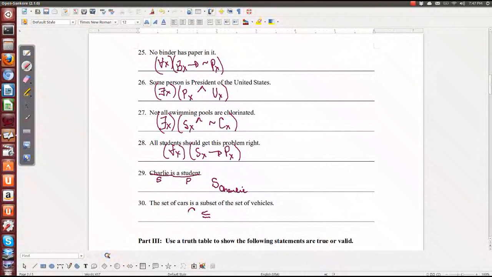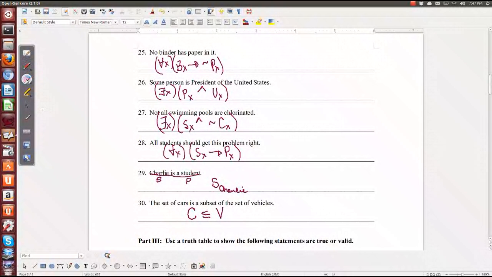The set of cars, I'm going to let a capital letter C represent the set of cars, and I'll let a capital letter V represent the set of vehicles. And so this would be writing this in symbolic form. And so that's 1 through 30.